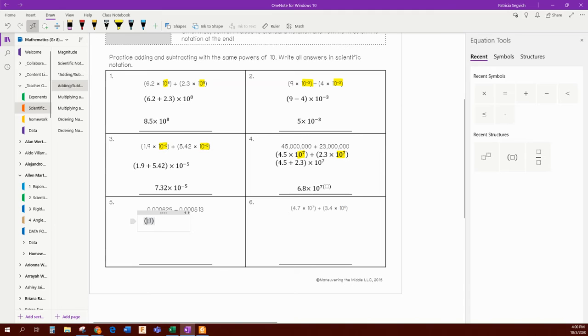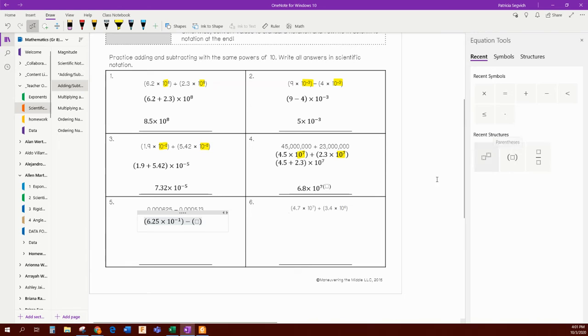And this is going to be times 10. I've got to figure out what our negative exponent is going to be. The decimal is going to move 1, 2, 3, 4 places backwards, right? So this is going to be negative 4. Yeah, we are subtracting here.